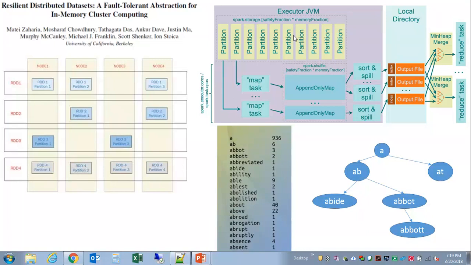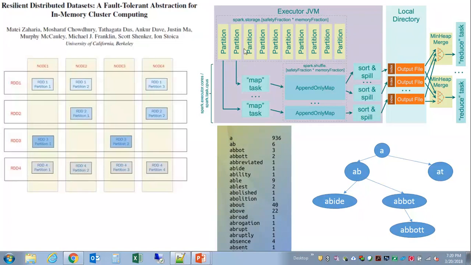Now here you see how computation happens in Spark. You've got the executor JVM, so this shows you the memory. All these different partitions are stored in memory, and this is an RDD, and these are the CPUs.